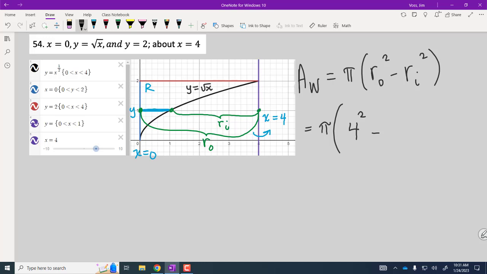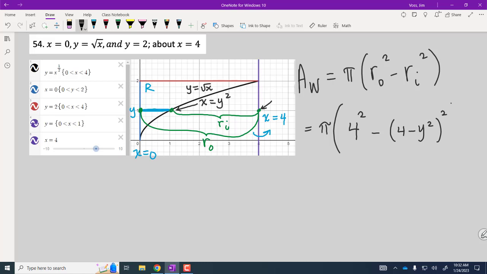That curve is being presented as a y value. If we're doing horizontal distances, we need x values. So we need to rewrite this, and as an x value, that's x equals y squared. So this left x value is y squared. The right x value is 4. So 4 minus y squared is the inner radius.